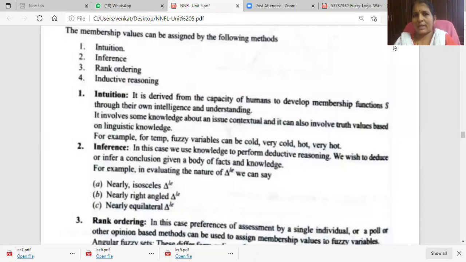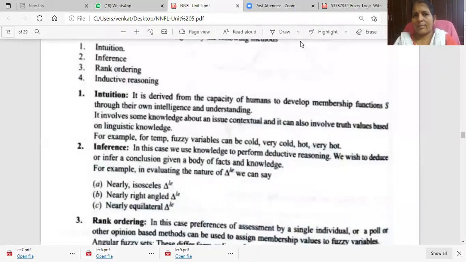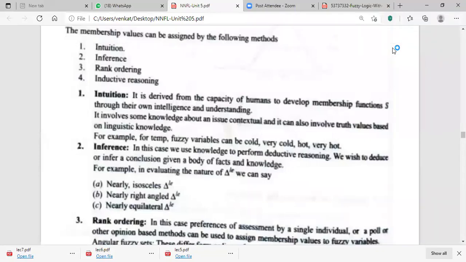These are the four methods for assigning the membership values. In intuition, it is derived from the capacity of humans to develop membership functions through their own intelligence and understanding.